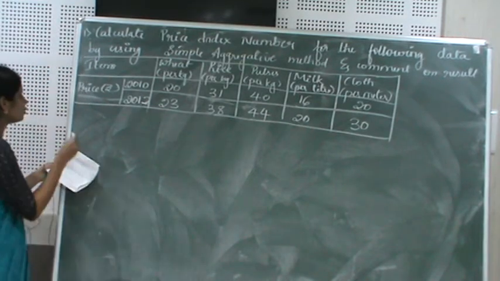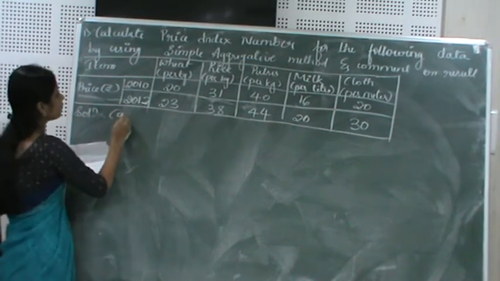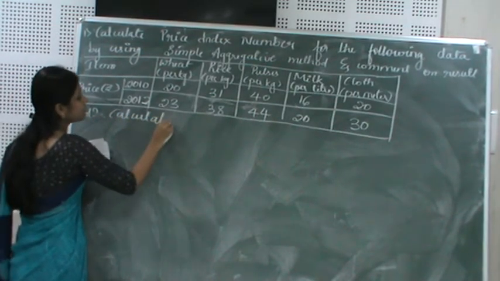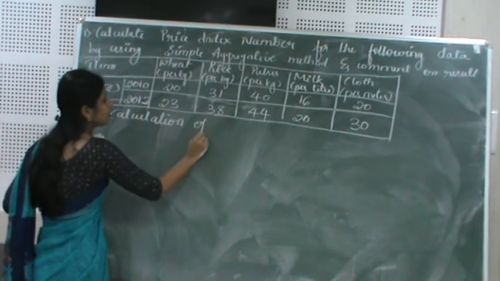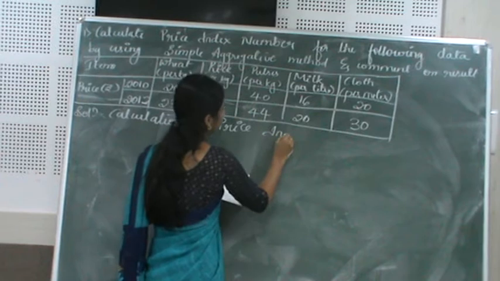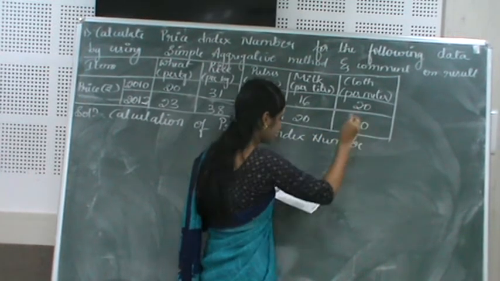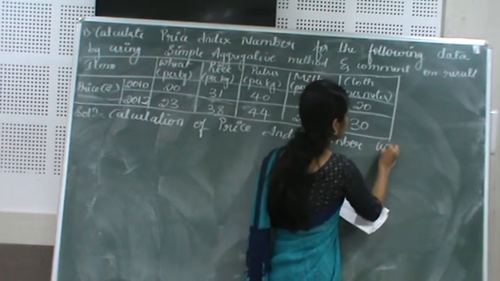So we will do the solution: calculation of price index number. Using which method?